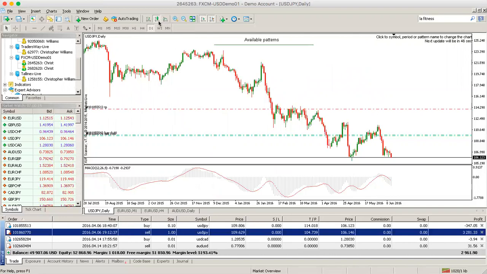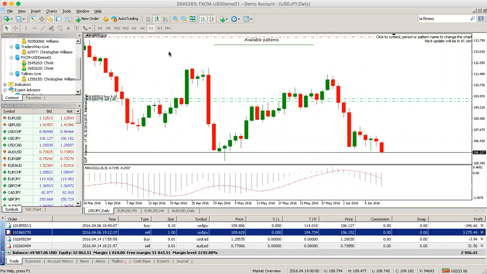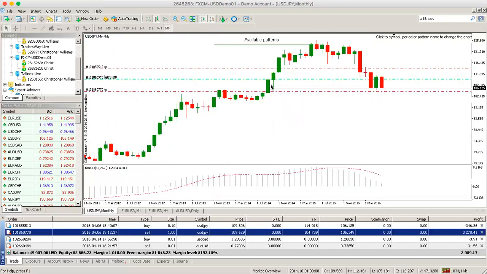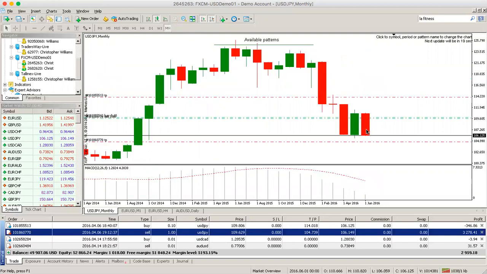So on a daily, one thing that I always do is go to the longer time frames, right? The longer time frames show me what's about to go on right now, step by step. These are the monthly candlesticks.